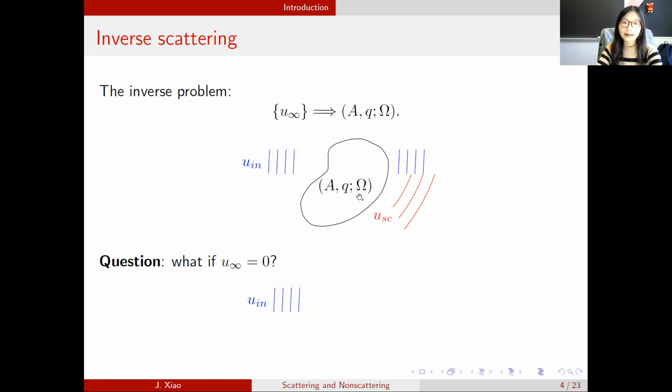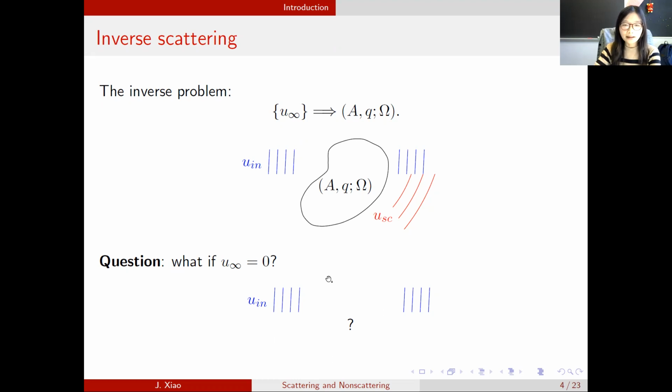Again, we assume omega is a domain which encloses the support of the inhomogeneity, and omega is Lipschitz. So suppose this happens, which means that when we send the incident field and observe from the exterior, we get the same output as the input. In this case, suppose we are using only this incident field, then we wouldn't know if there is anything here.